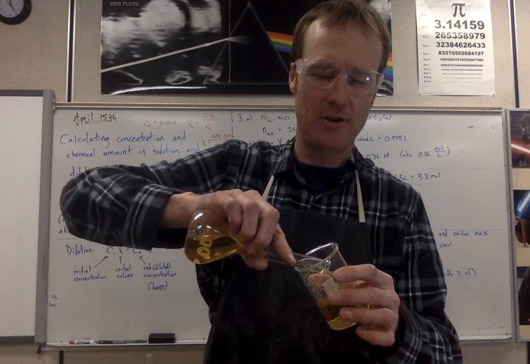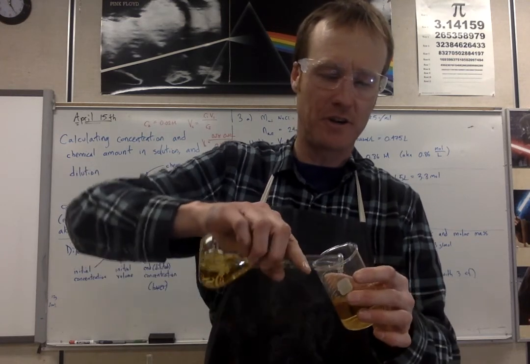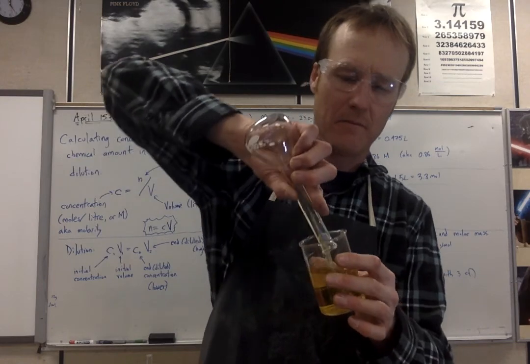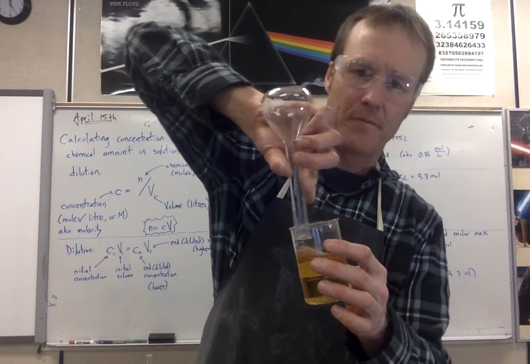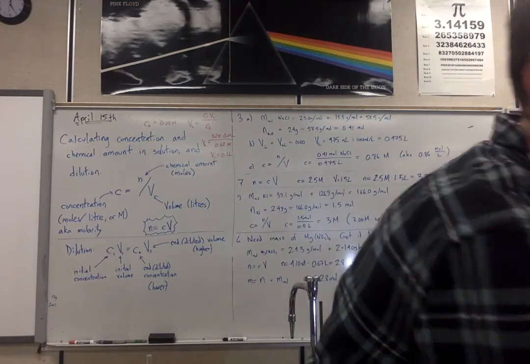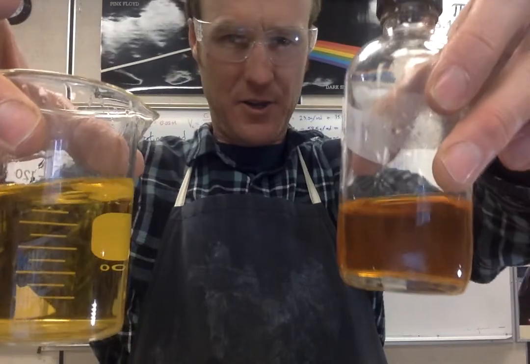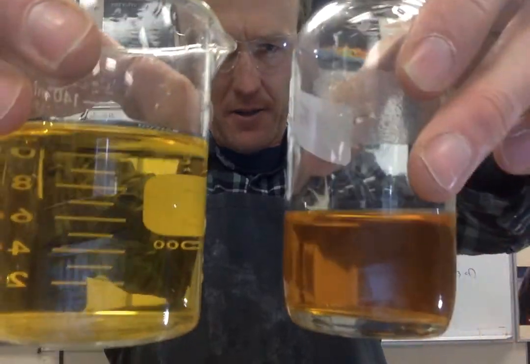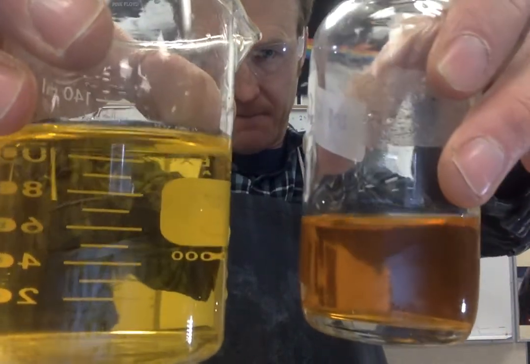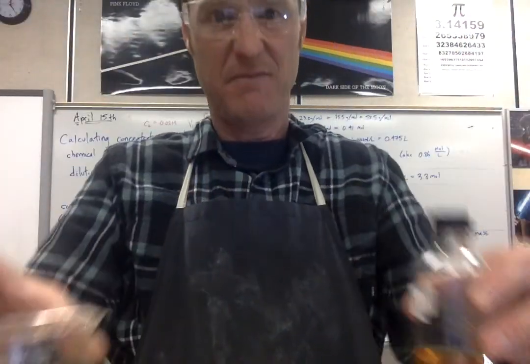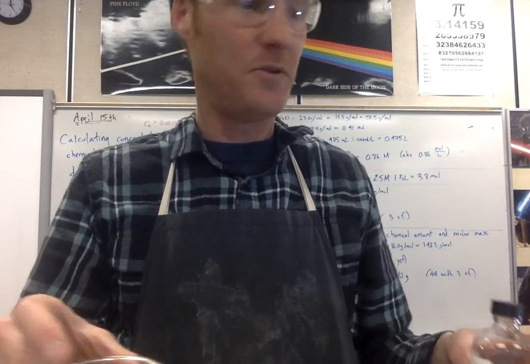Swirling this around, making sure I don't leave a bunch of concentrated solution at the bottom. And there. This is tenfold diluted. Do note, it's much paler in color than the original stock solution. Why wouldn't it be? It's more dilute.